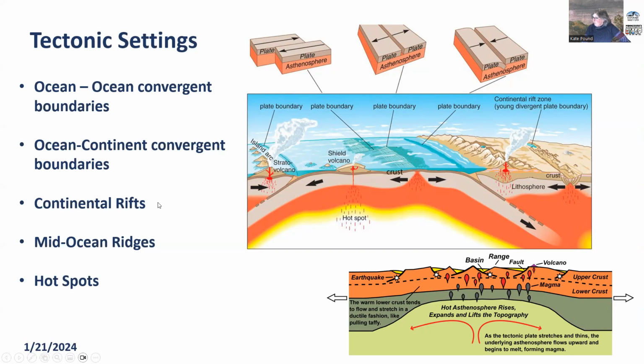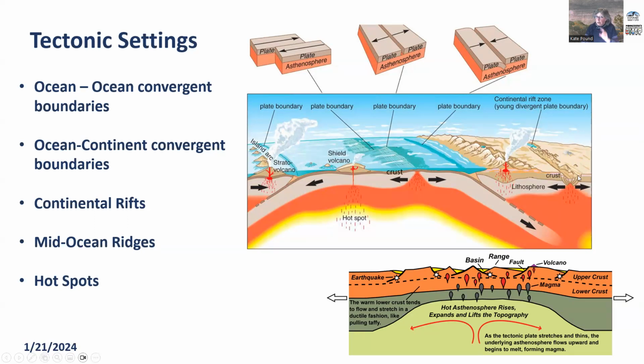Where else do volcanoes get made, or where else is there volcanic activity? Continental rifts. So if you move all the way over to the right here, we're in the middle of a continent, and then for a whole variety of complicated reasons, that continent starts to pull apart. That is a continental rift.